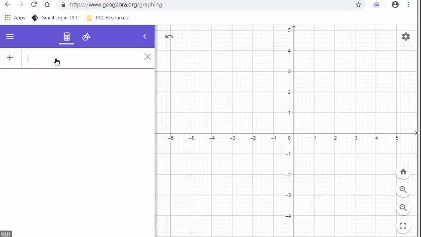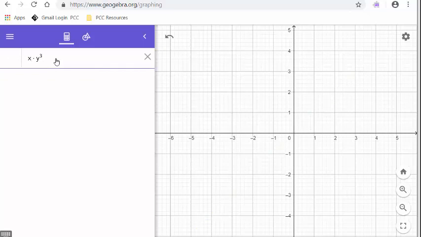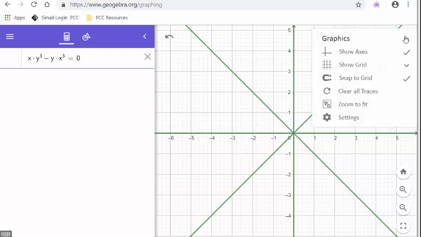Remember, we have the function is x times y to the third minus y times x to the third. So we want to get different contours. We can start by just setting when is the z value equal to 0. And we see that we get these green lines. So all of these green lines are when we have an output of 0.